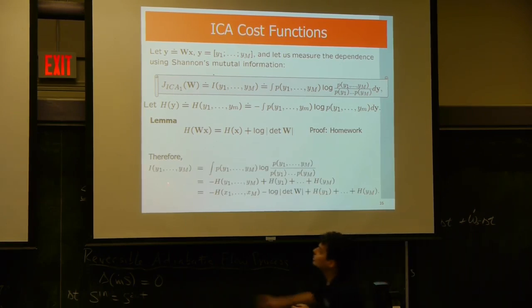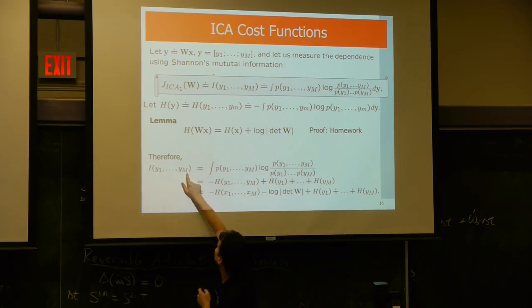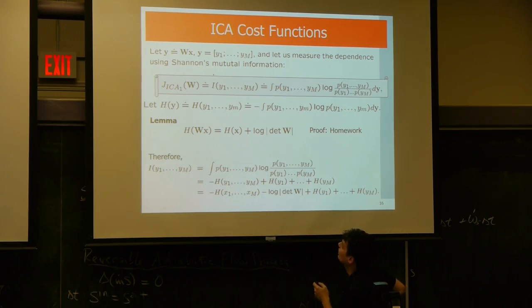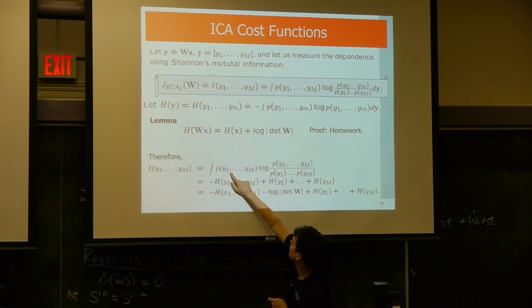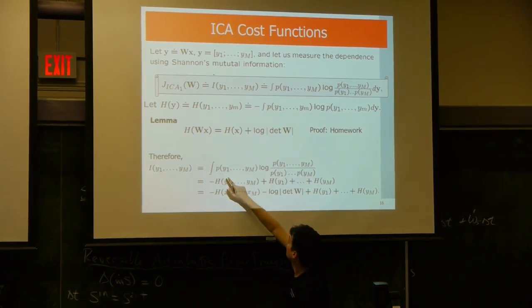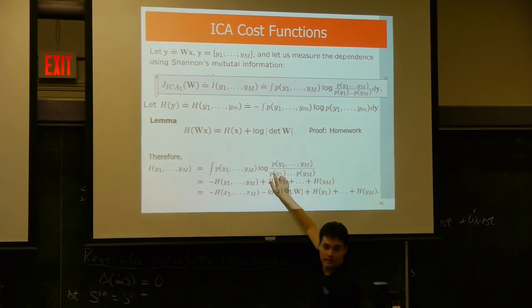So the mutual information between y1 and ym, sorry, sometimes I use capital M, sometimes not. The mutual information between these random variables is, by definition, this expression. Now because of this logarithm, I can decompose this as the integral of p log p, that's the negative entropy, plus the integral of p log 1 over these guys.